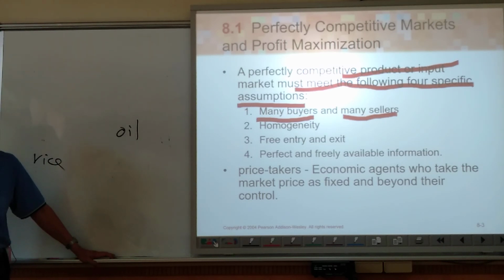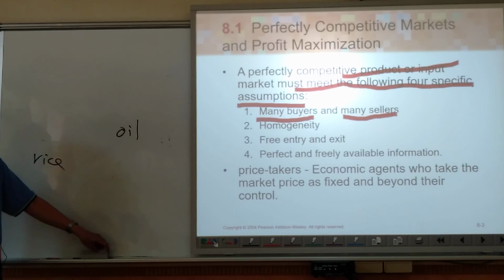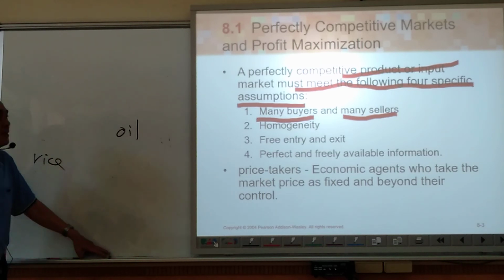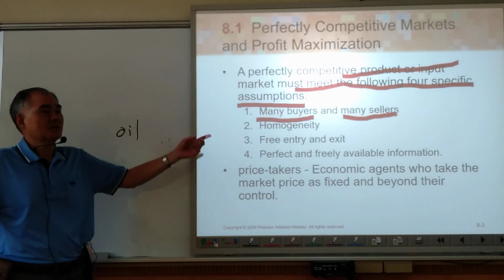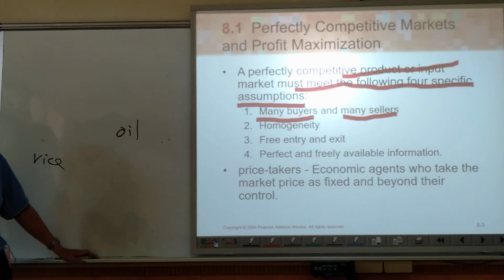Can you tell me an example? Probably it's countries, right? Russia produces a lot of oil. Saudi Arabia, and America, the United States. And many buyers, right? For oil you have many buyers, but few sellers.